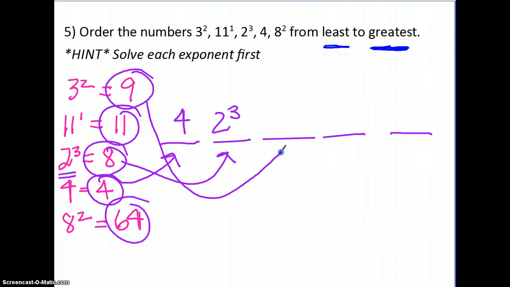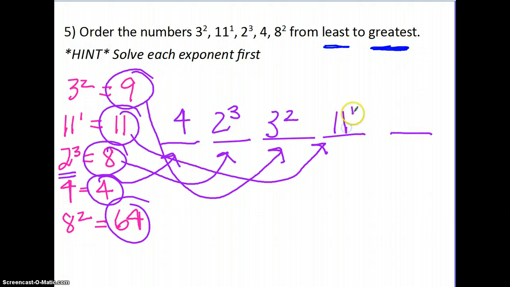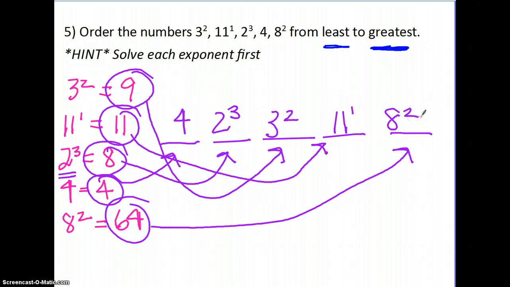My next is 9, but I'm going to write 3 squared. My next one is 11, but I'm going to write 11 to the 1st. And finally, my last one is 64, my greatest, but I'm going to write it as 8 squared. So these numbers are from least to greatest. Be careful, you must solve each exponent before putting them in order. Even though the base might be smaller, the exponent can be bigger, and it will change the order. So be careful.